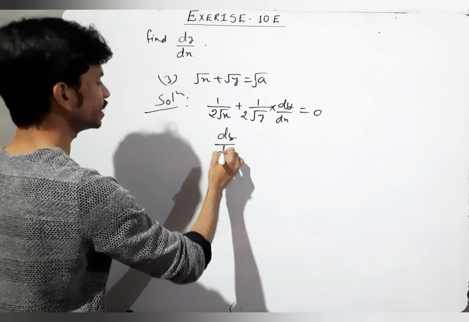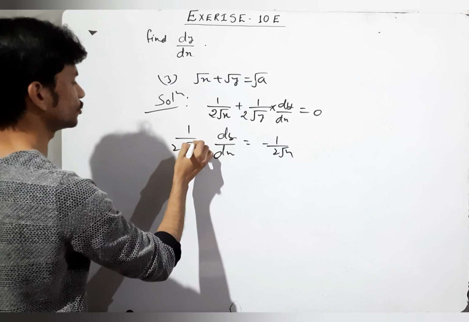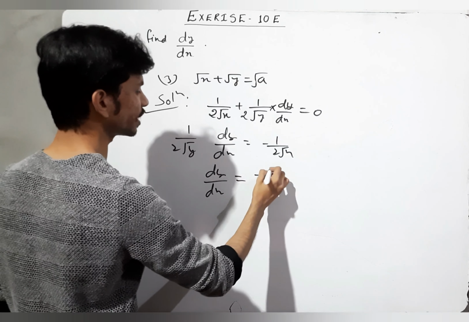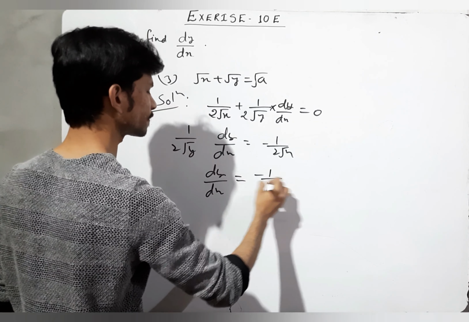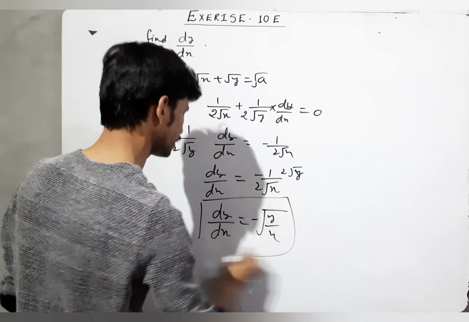Now dy over dx is equal to minus 1 upon 2 root x multiplied by 2 root y, and 2 is cancelled by 2, and y and x both can be written under one square root. So this is the final answer of this question.